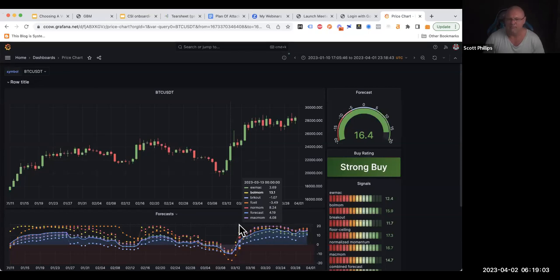Now, it might surprise you to know that these are by far the most common signal in the professional CTA trend following world. The particular signals that we use are the same ones that Man AHL use. We started with those, and we use a 2-8 crossover, a 4-16, an 8-32, a 16-64, and so on.